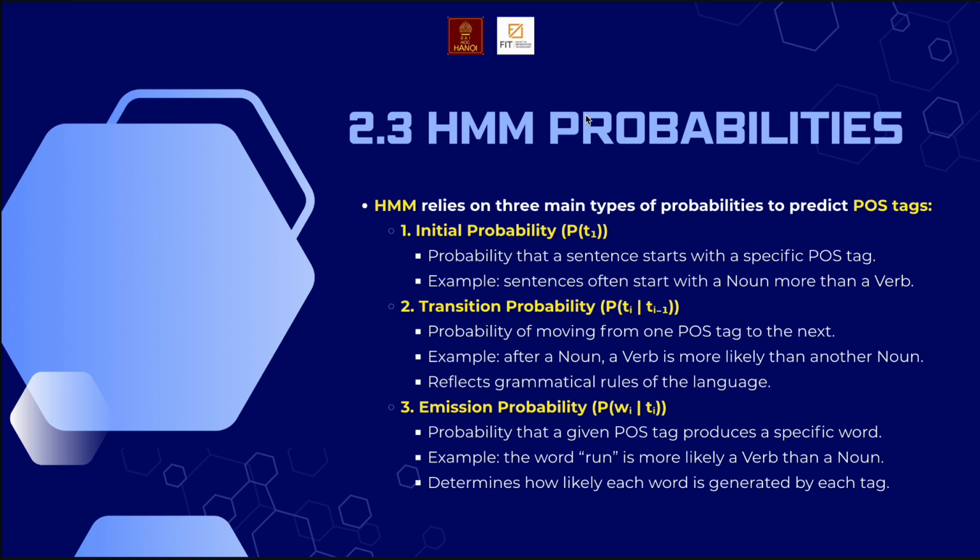It's the probability that a given tag produces a specific word. For example, the word "run" is more likely to be a verb than a noun. These probabilities are computed from the training data and form the basis for creating the optimal tag sequence for a new sentence.